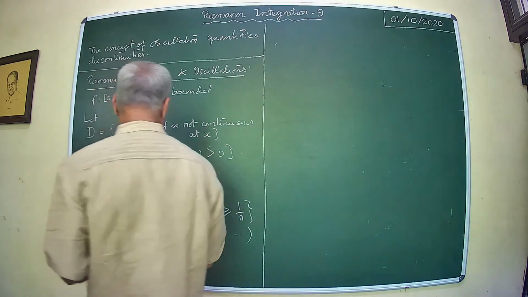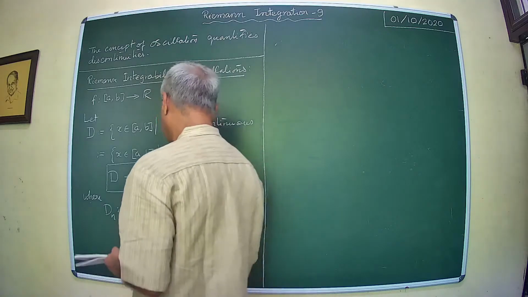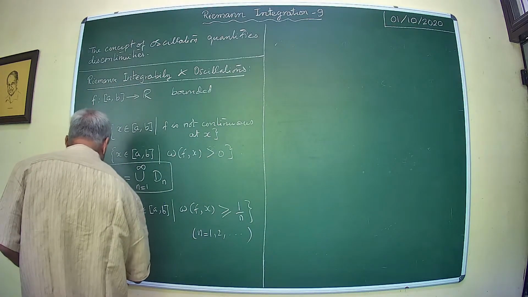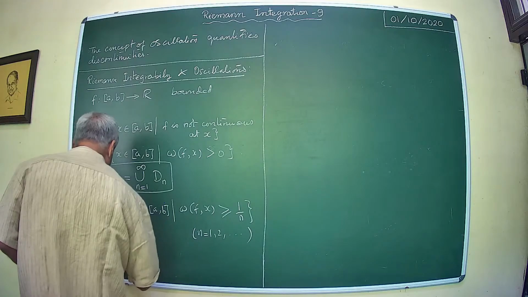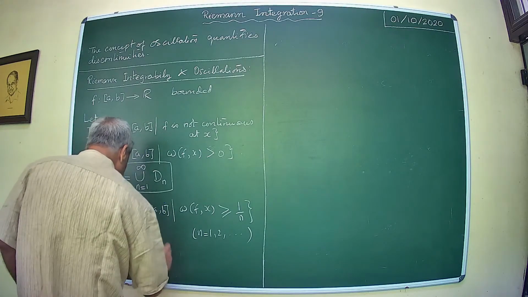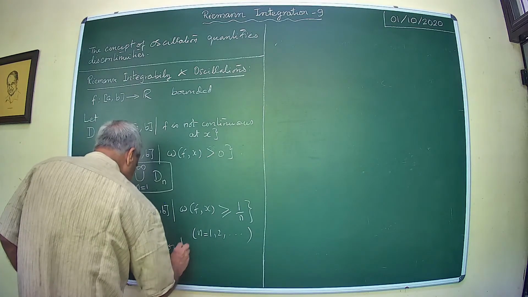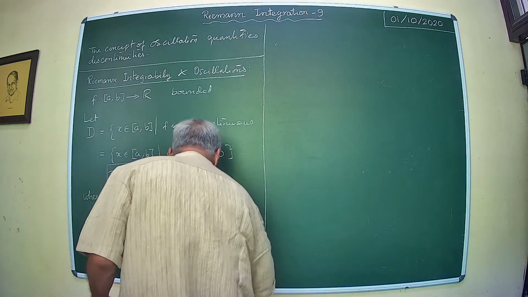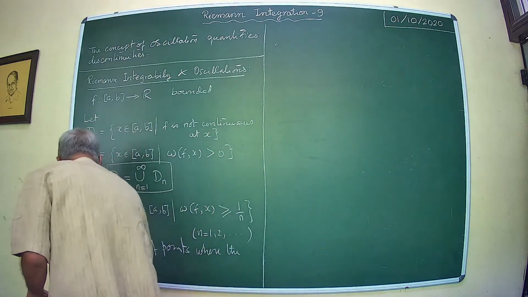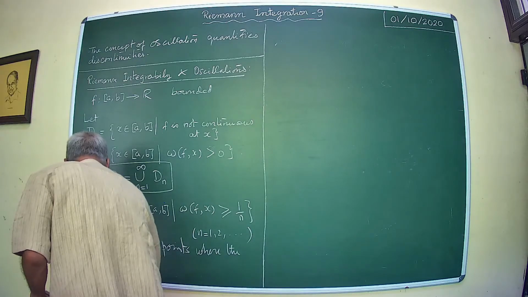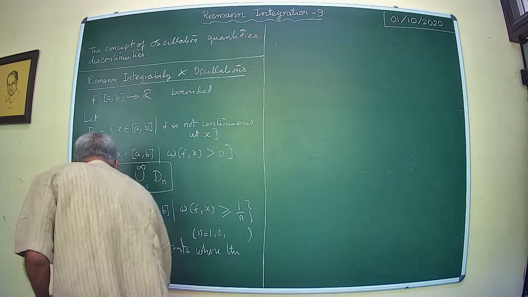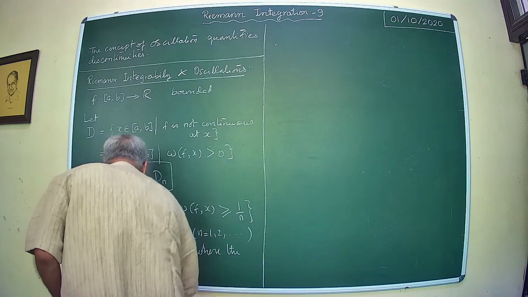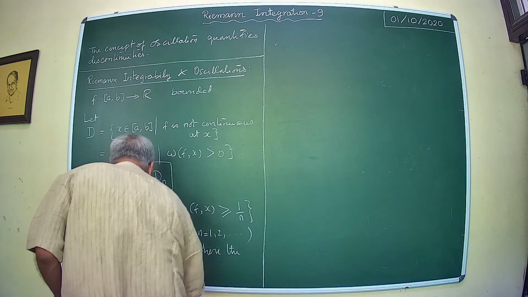So Dn is the set of points where the oscillation of f is greater than or equal to 1 by n.